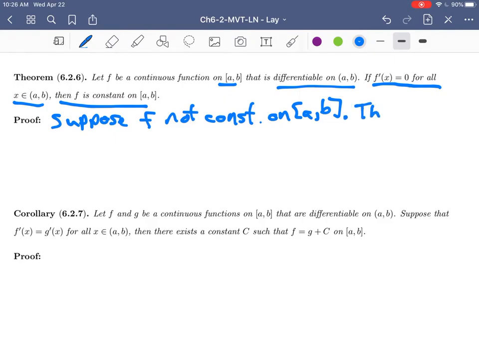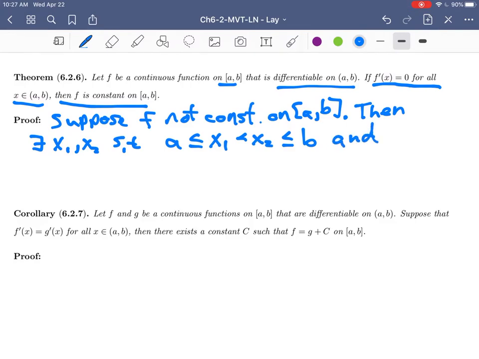Then we know that there exist x1 and x2 such that, so there have to be these values on the interior, that have function values that are different.